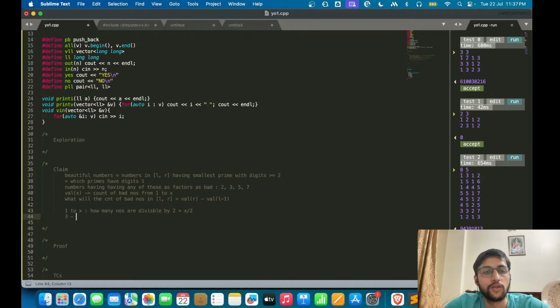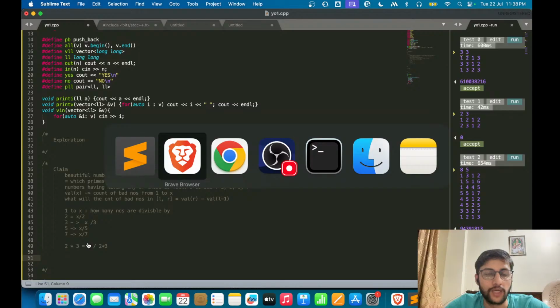Similarly for 3 the answer will be x by 3, for 5 it will be x by 5, and for 7 it will be x by 7. Now finding these individually, we would have double counted a combination, for example 2 and 3, which is 6. So then the numbers divisible by 6 are subtracted, and this is how the principle of inclusion and exclusion works.